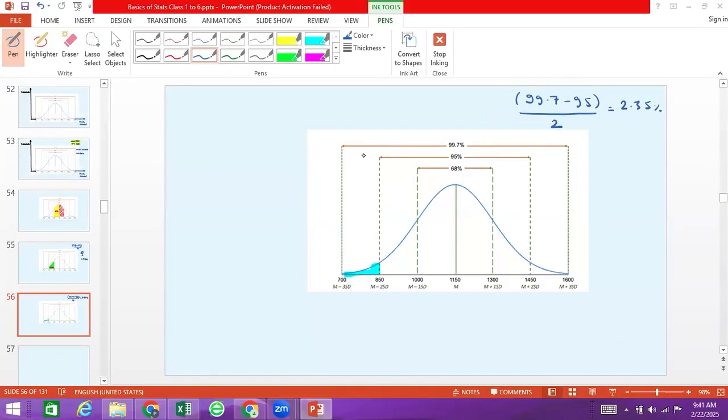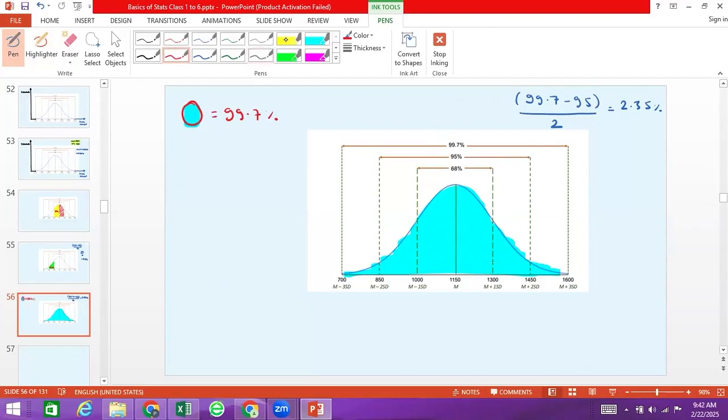Can you explain? I'm not getting how you're calculating. Sure. This whole region from here to here, end to end, how much is it? 99.7. So this whole thing is 99.7.